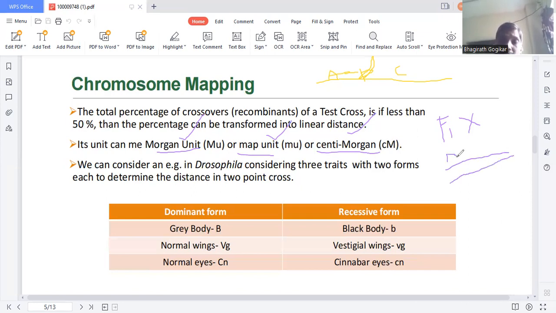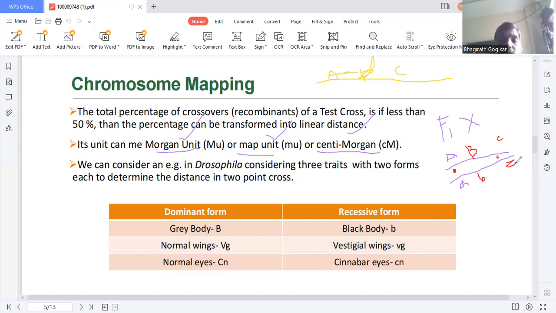For example, a capital A gene is here and a small a gene is here. These two genes are exchanged during the crossing over process. When crossing over takes place with reference to one point on the chromosome, it is called a single crossover. For example, B gene is here and C gene is here, with small b and small c.